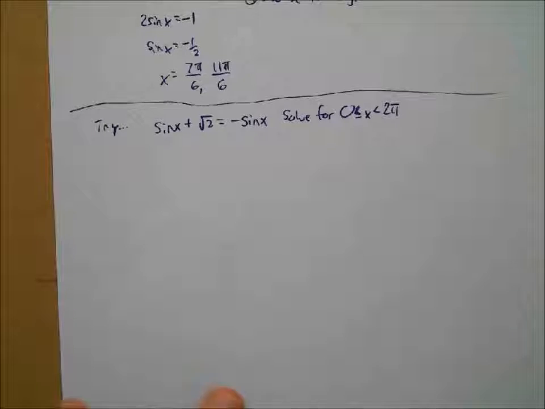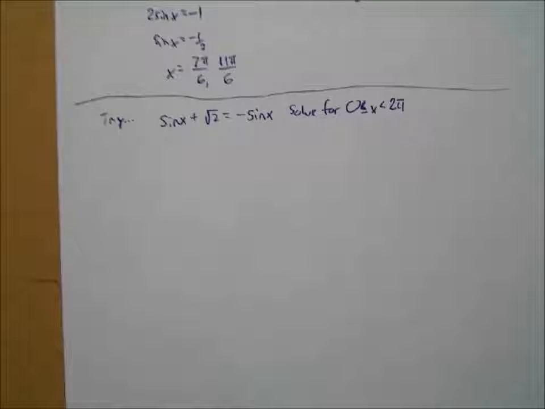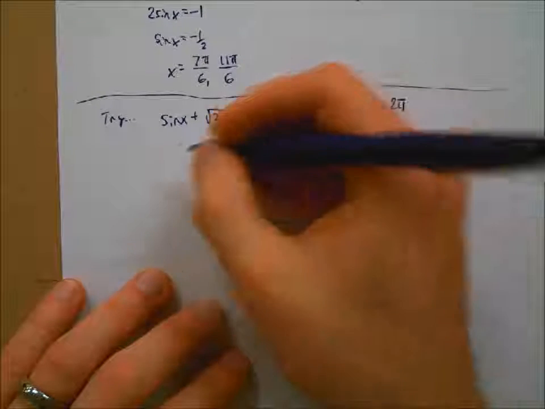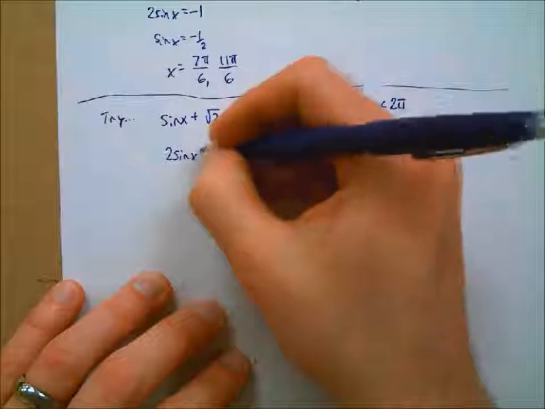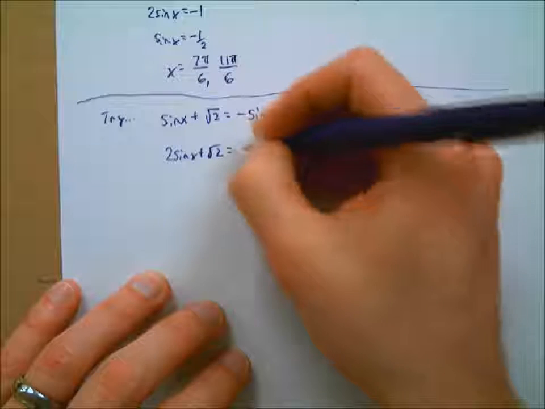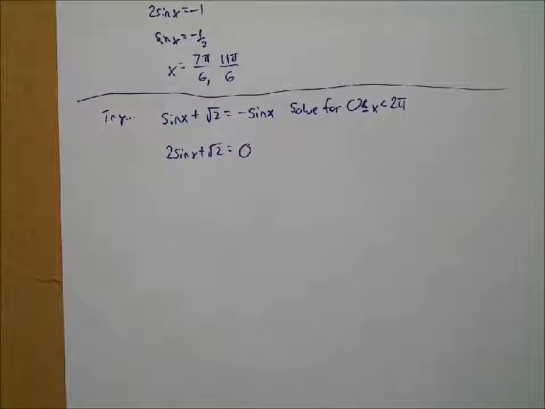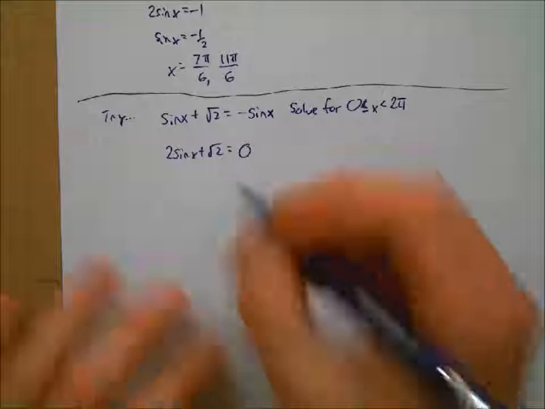Okay, so what should we do here first step? Addition. Add what to both sides? Sine x. Yeah, we want to get those trig functions together there. So we get 2 sine x plus the square root of 2 equals 0. Okay? And then what should we do to both sides? Subtract root 2.